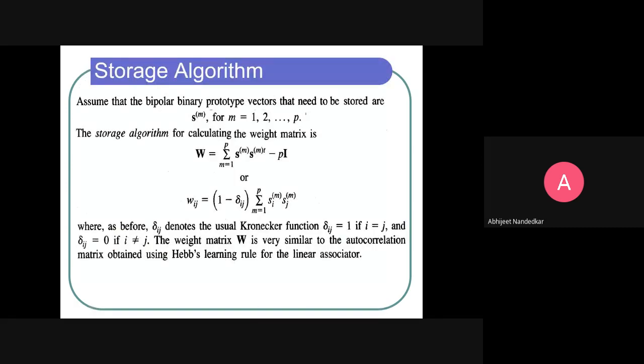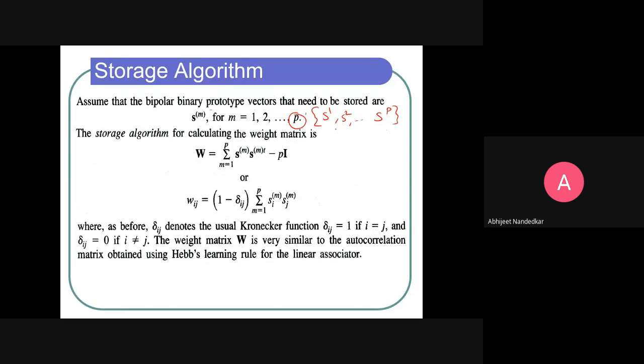Now the next point is how to store patterns. Assume bipolar binary prototype vectors, and there are p such vectors we want to store: s1, s2 and so on up to sp. These are the vectors we want to store in the auto associator.